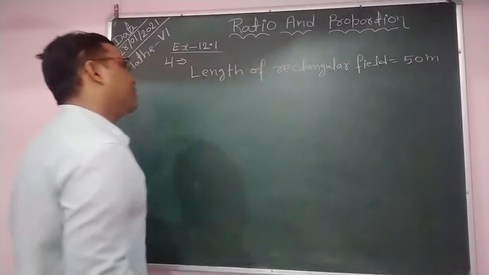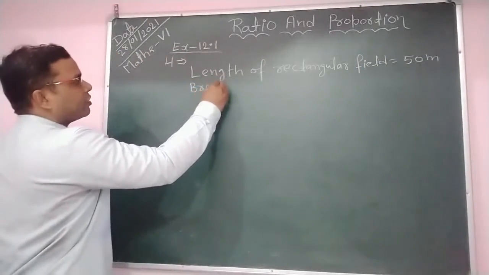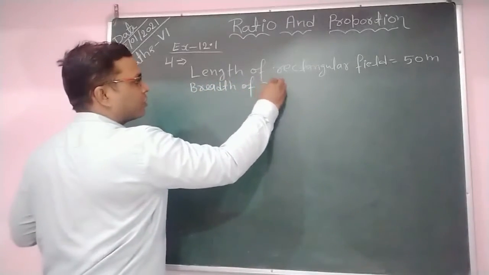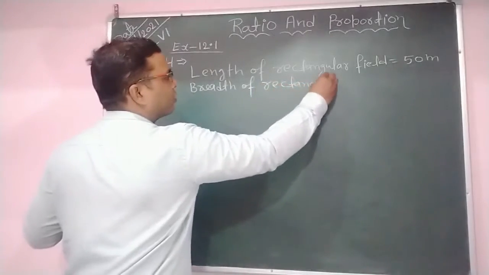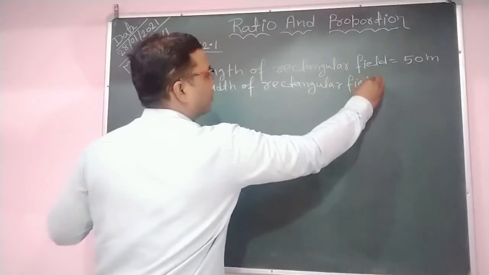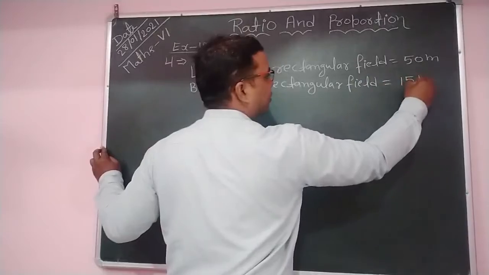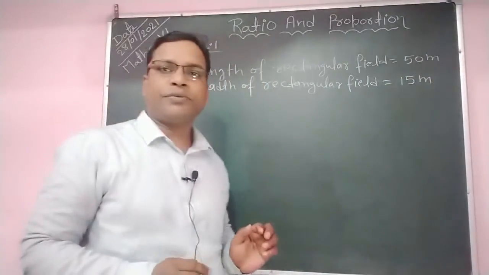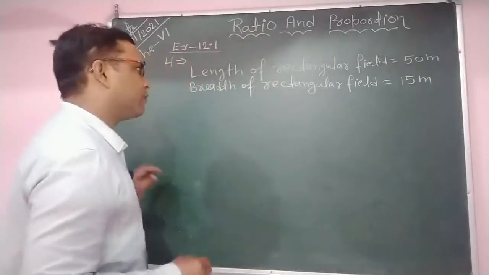And the breadth of the rectangular field is also given here, 15 meters. Clear? We need to find the ratio of the length and the breadth of the rectangular field.